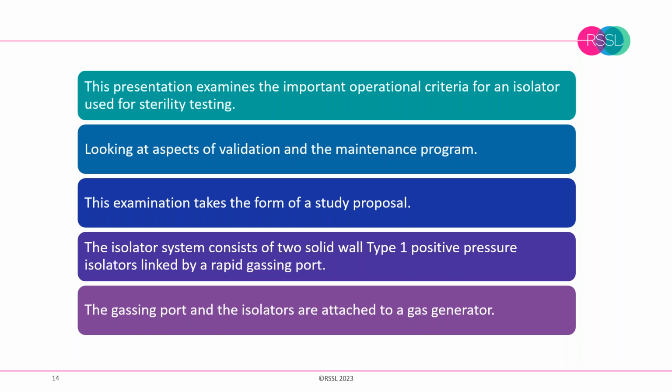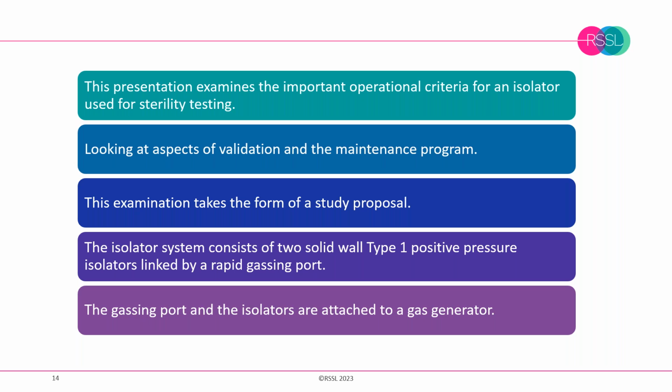And the isolators we're looking at is this kind of combination of two solid wall, it's called type 1 positive pressure isolators, and they're connected together by a rapid gassing port.